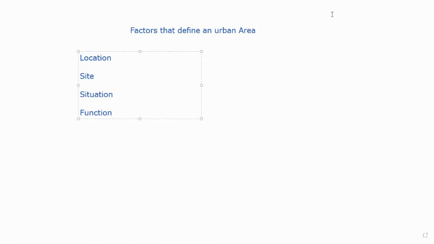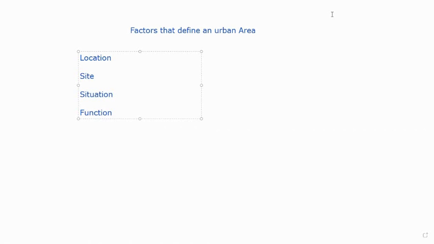So if there is a peaceful area, and what is the socioeconomic status of the people, either they are very poor or very rich, which class of society is living there, which type of people are living there, what races, which language. So these are included in the situation factor.